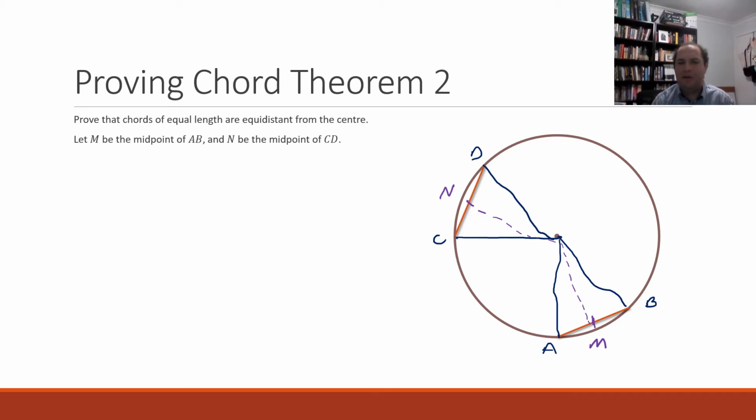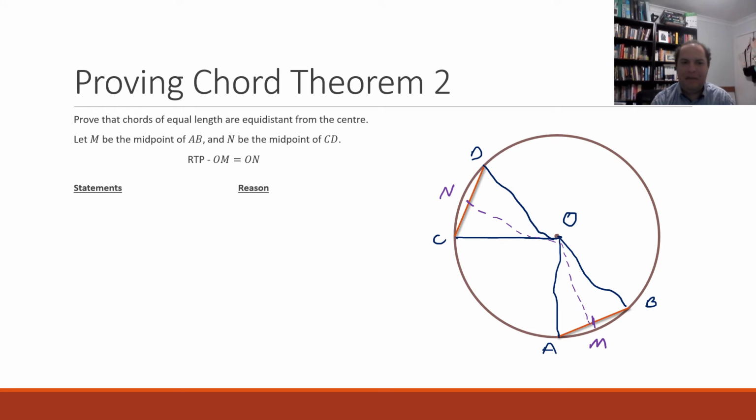The middle of our chord seems like a good place to find the distance from. So if these chords are equidistant, then from the center O to our midpoint M, and from the center O to our midpoint N, those distances should be the same. And so that's what we're required to prove.